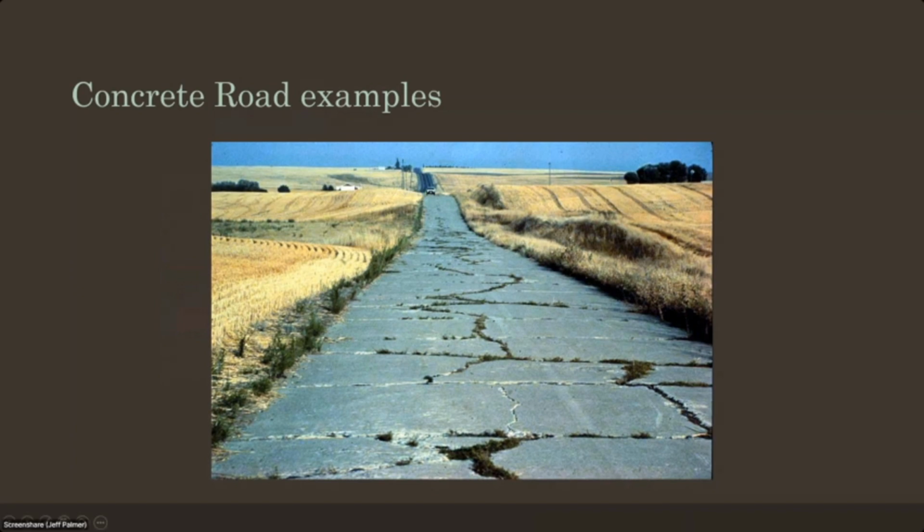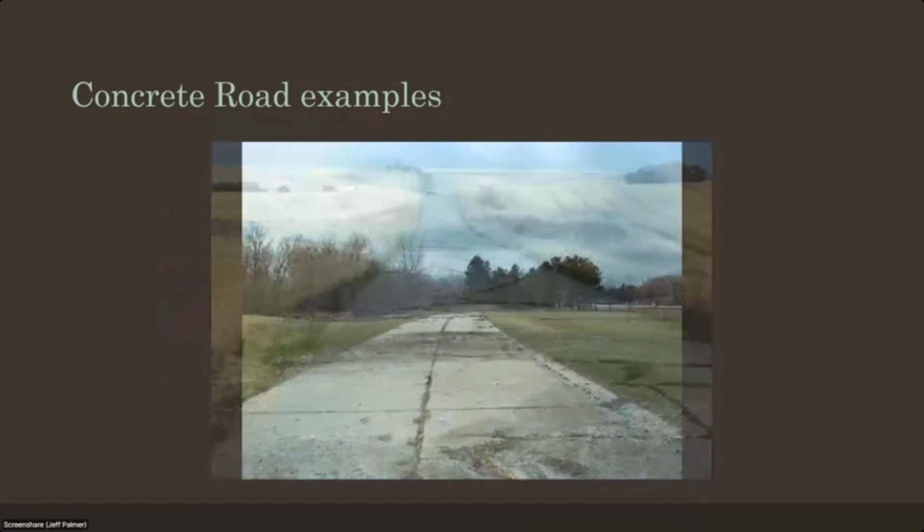Let's face it. You can see the curvature. You can also see where the center line has been worn off, but you got all the grass growing up in the cracks. Therefore, this particular concrete road was probably not poured very thick. And it's in definite need of maintenance. Need to talk to the county about that one.